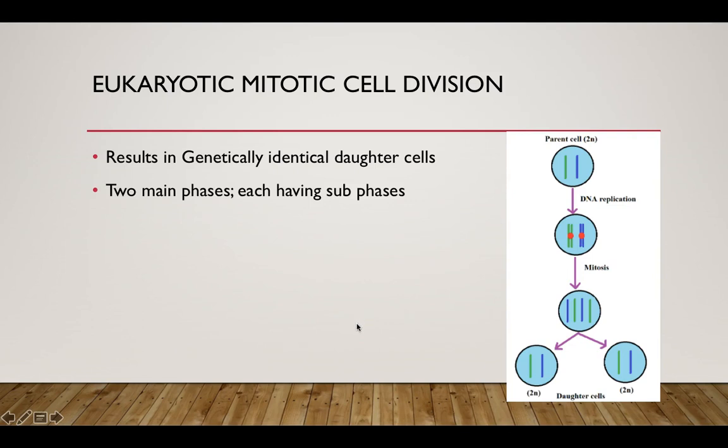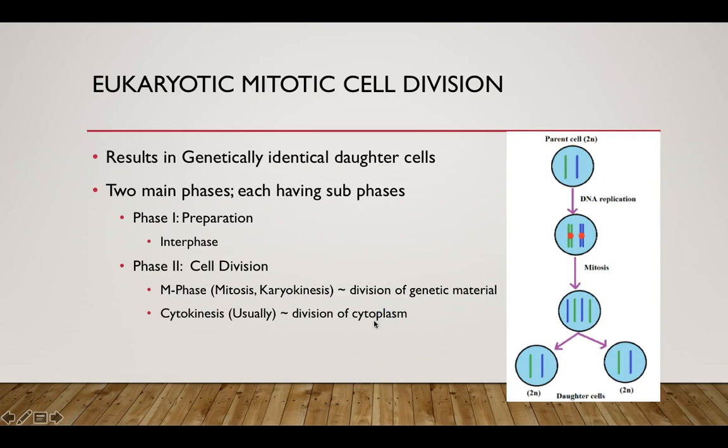There's 2 main phases of the mitotic cell division, and each of those phases has a subphase. Our first phase is a preparation phase known as interphase. We spend more time preparing than we actually do dividing with the cell cycle. So interphase is the longest phase of the cell cycle. The second phase is the actual division of the cell. The division of the cell happens in 2 main parts.